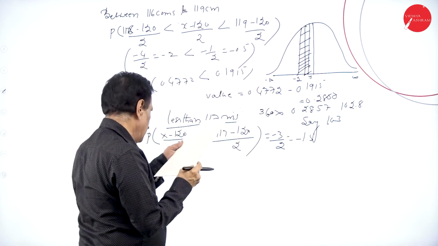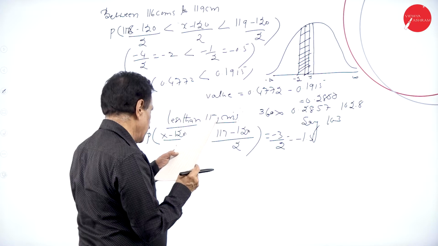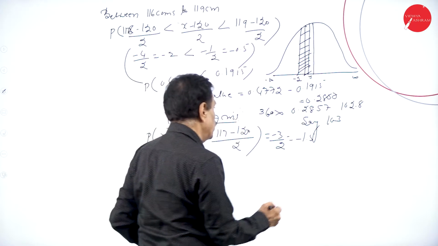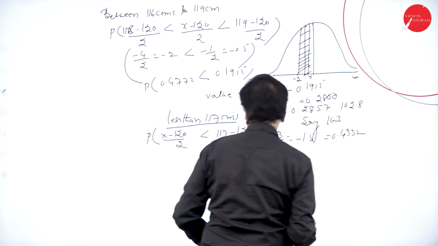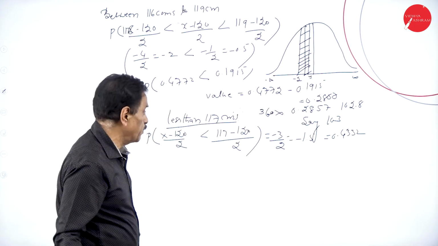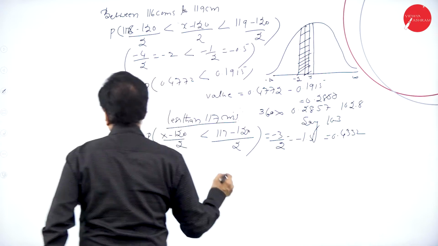The table value for 1.5 is 0.4332. Now put the graph here.